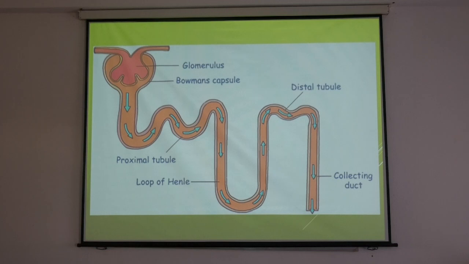The plasma is associated with blood. As long as the blood is flowing through, the plasma along with the constituents, RBC, WBC, platelets, protein, are going out this way. So water, sodium, potassium, amino acids, glucose are getting out into the Bowman's capsule.